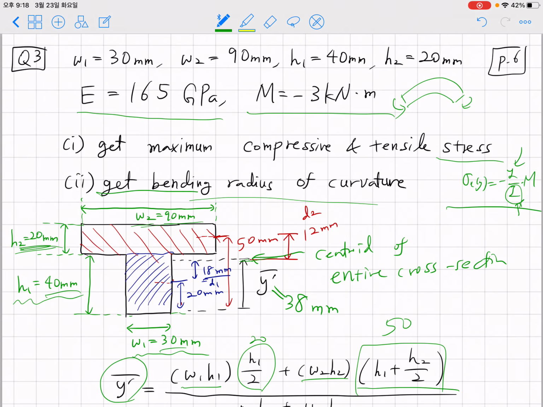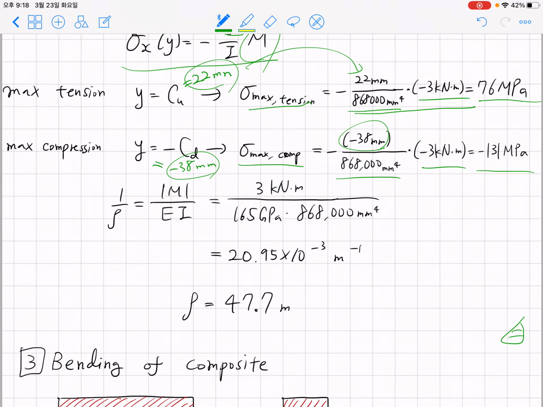Regarding the second question, obtaining the bending radius of curvature, we simply apply this equation: 1 over rho equals the absolute value of the applied moment divided by EI. Then you simply plug in the numbers that we obtained on the previous page, and we end up getting this value as 1 over rho.